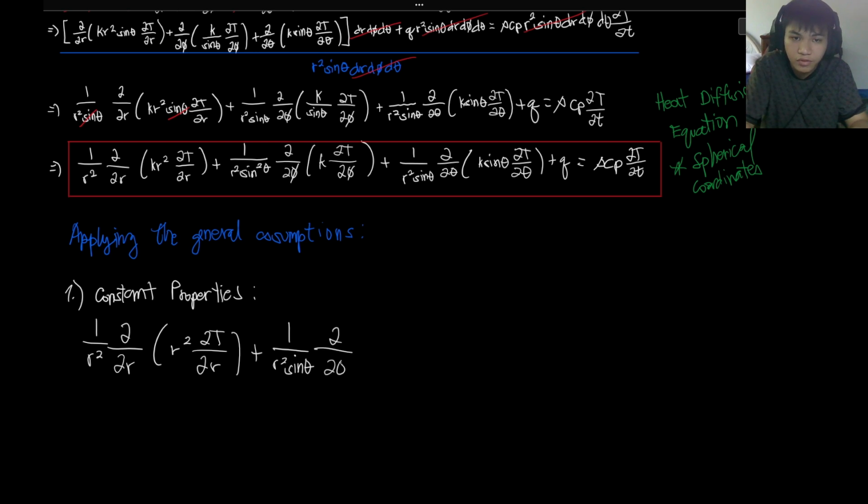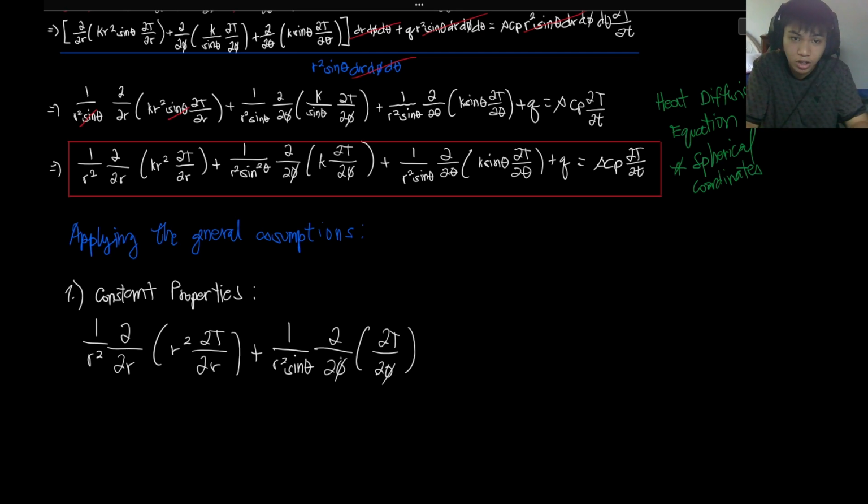Partial derivative of phi. And now, alisin na natin yung k dyan. So, this is what we're left with. If you want, you can make this into the second partial derivative of the temperature with respect to phi. So, it's up to you.